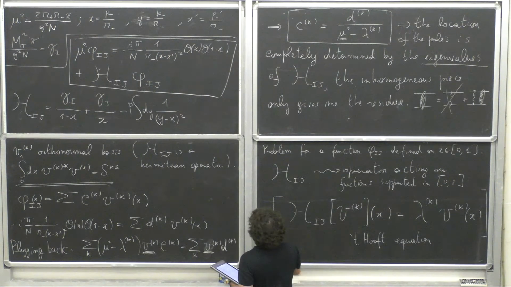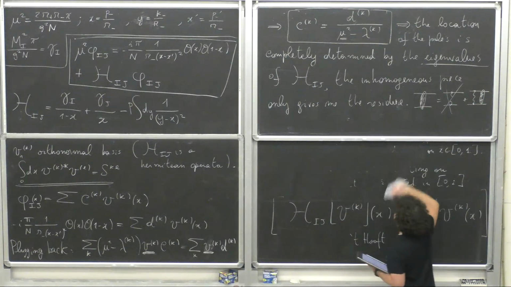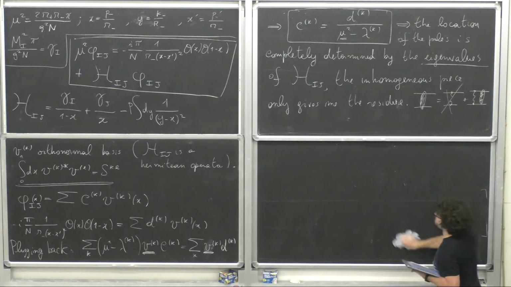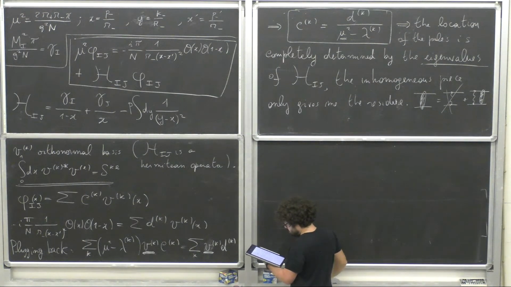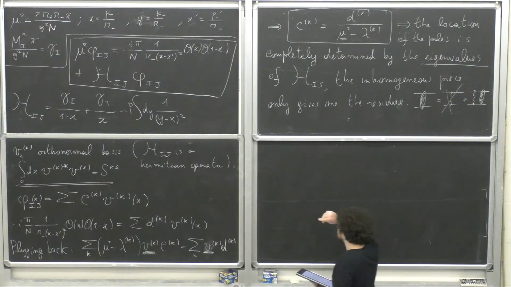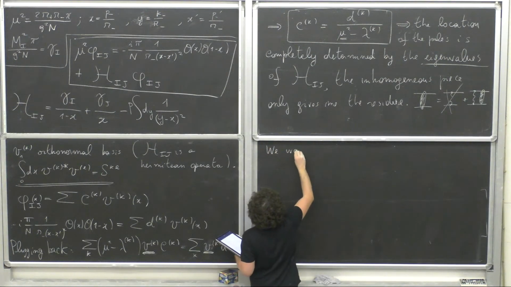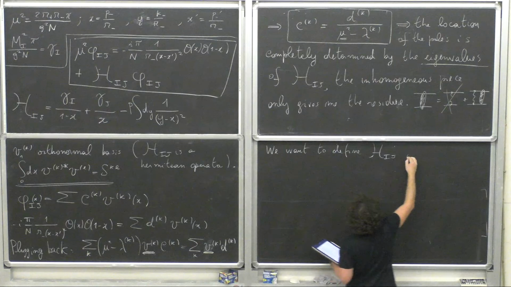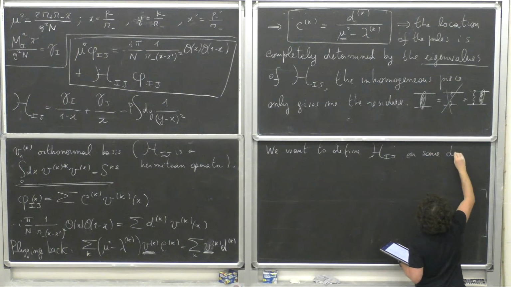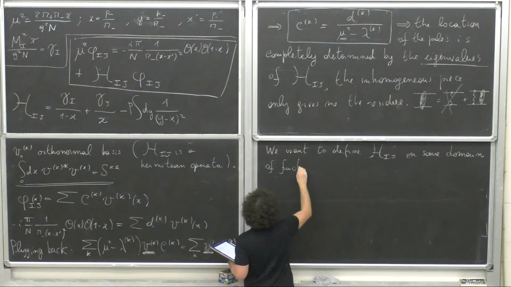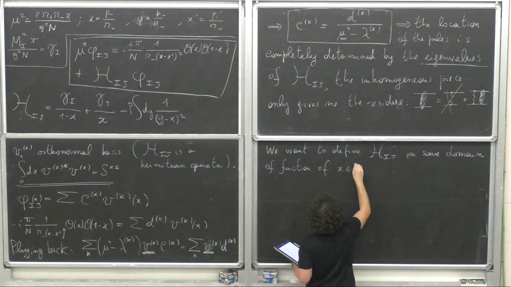The first thing that you can do is, we want to define H_ij on some domain of functions of x.